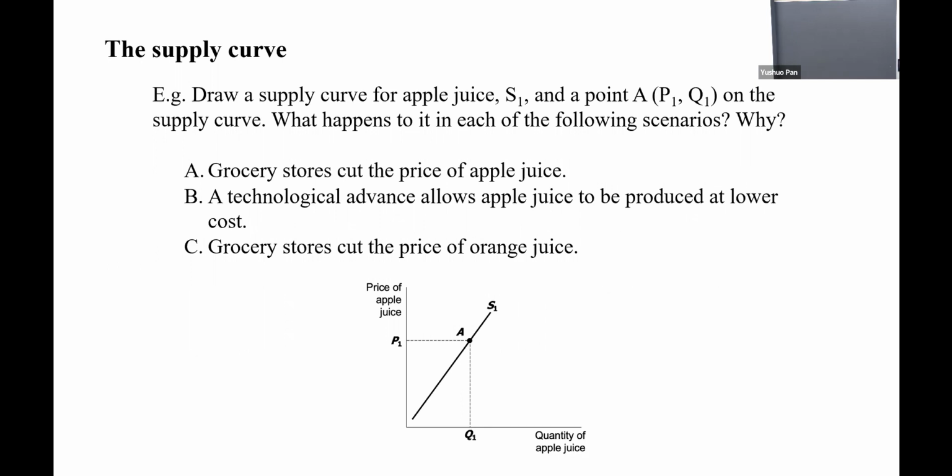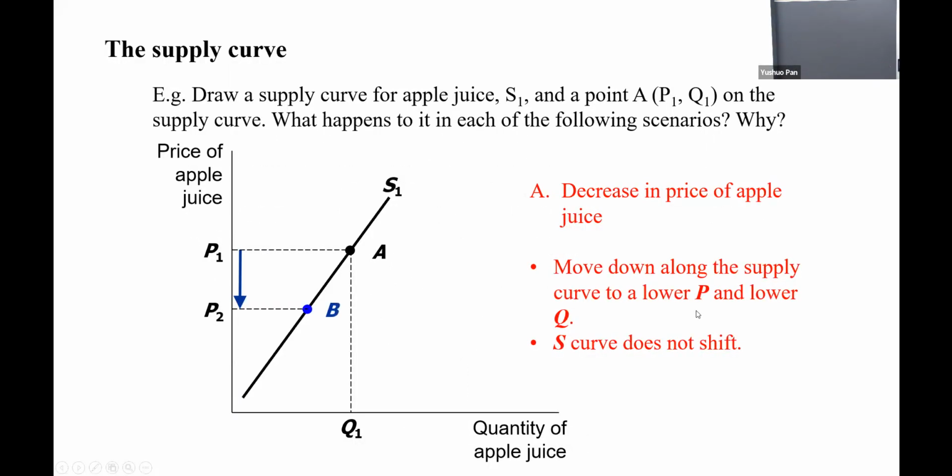Since this is the price of apple juice, not the price of others, the change is only a movement along the curve. It's a change in quantity supplied, which means A is going to move down along this curve: a decrease in the price of apple juice moves down along the supply curve to a lower P and a lower Q.